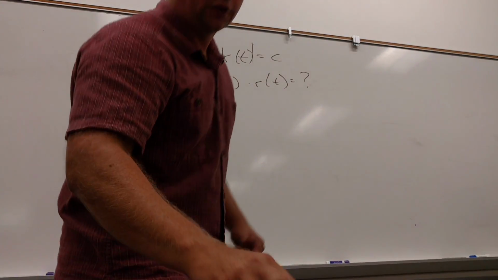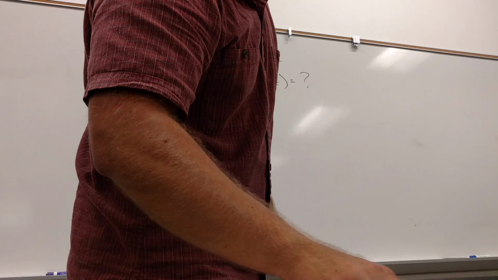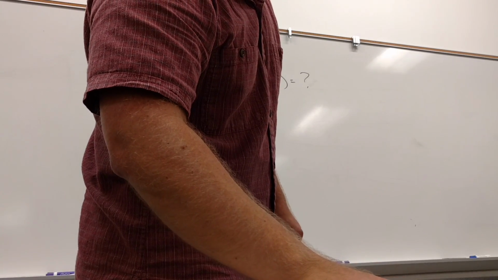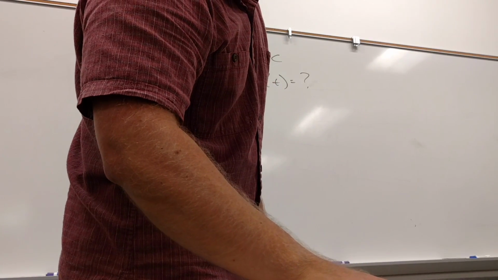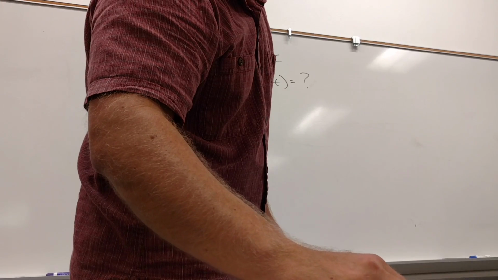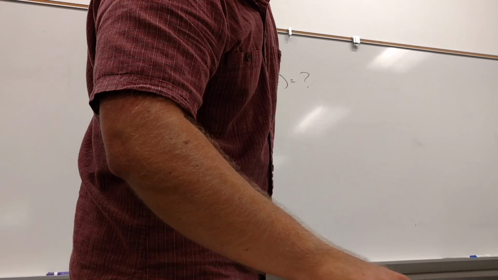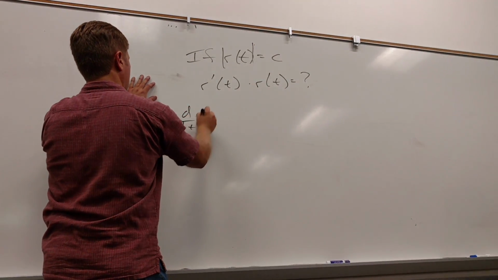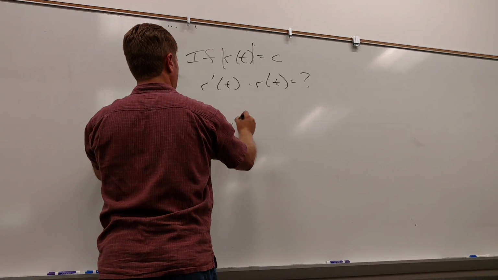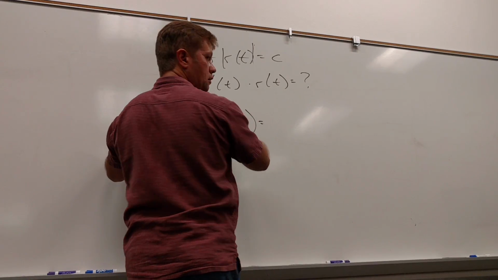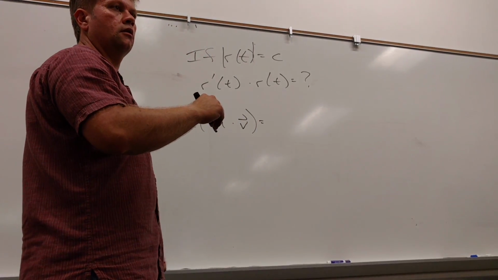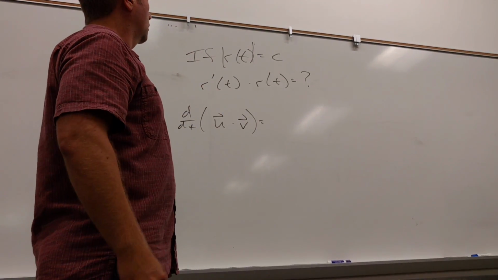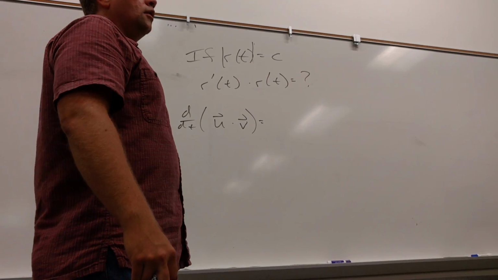So, and if you look at, let's see, page 898. Where am I? There. Yeah, why? Because if there's no change in length of the vector, then r prime is going to be 0.